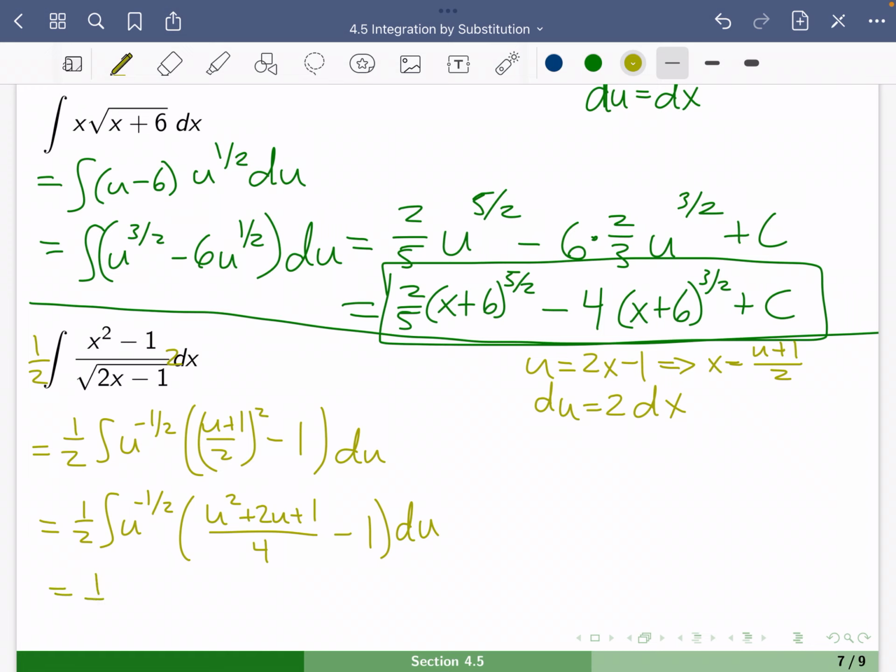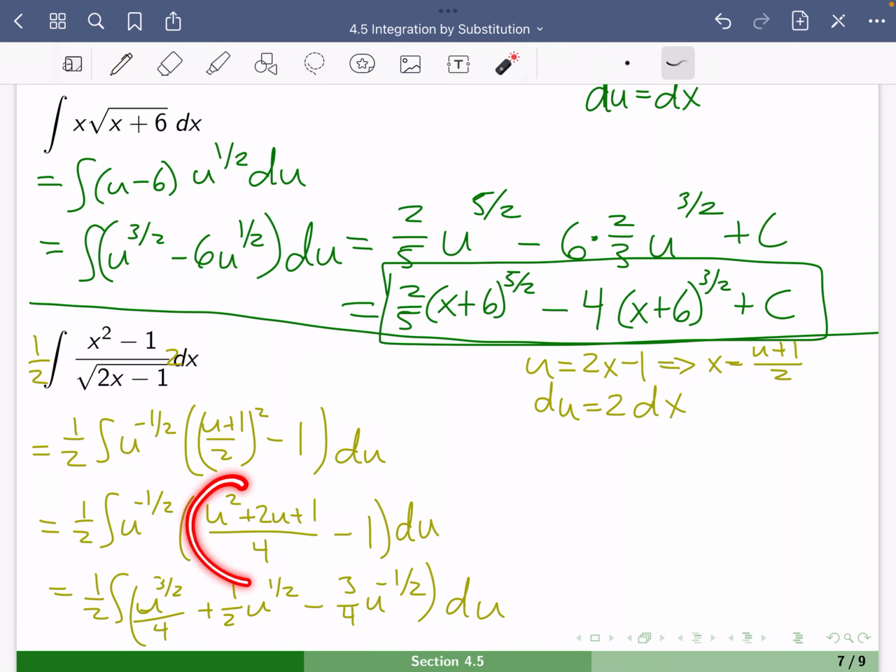And so we have a 1/2 integral of u to the 3/2 over 4 plus 1/2 u to the 1/2, minus 3/4 u to the negative 1/2 du.